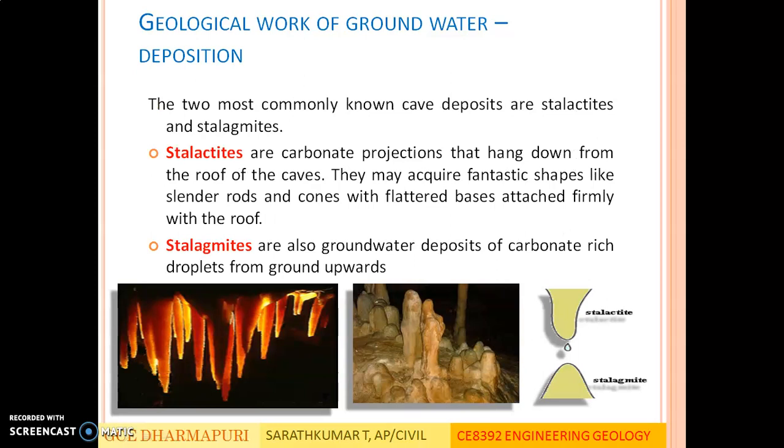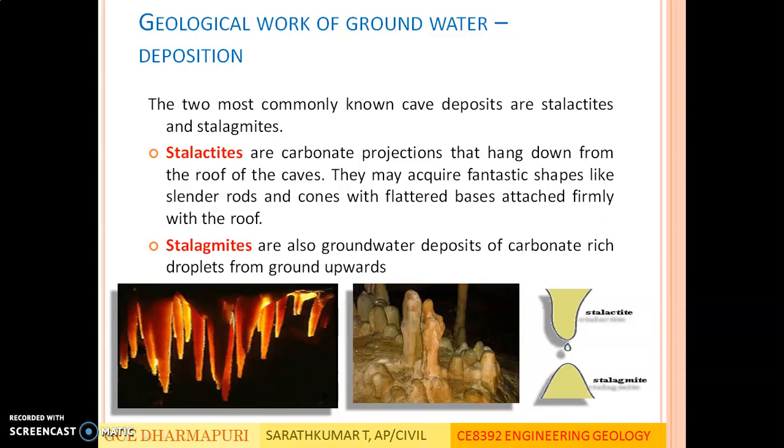The two most commonly known cave deposits are stalactites and stalagmites. Stalactites are carbonate projections that hang down from the roof of the caves. They may occur in fantastic shapes like slender rods and cones with flattened bases attached firmly to the roof. Stalagmites are also groundwater deposits of carbonate-rich droplets, growing from the ground upwards.